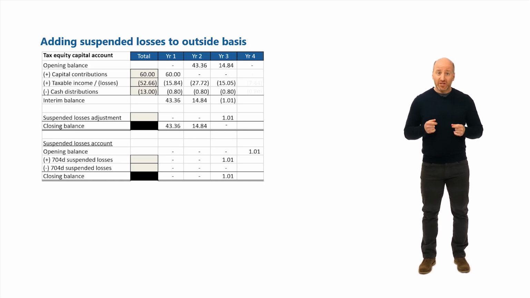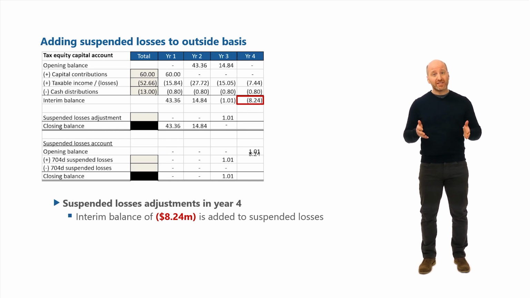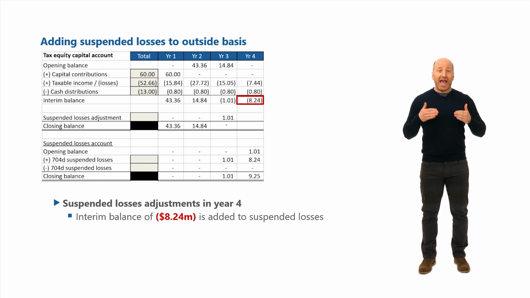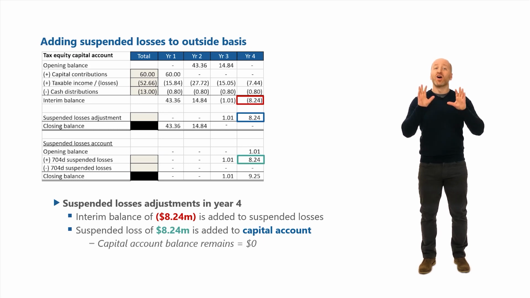After losses and distribution, our interim balance is negative 8.24 million. So again, we have to suspend all of this loss, increasing our suspended losses account by 8.24 million, up to now 9.25 million. We'll then add the suspended loss adjustment to the capital account, which creates a 0 capital account balance as we're suspending all of the capital account losses.